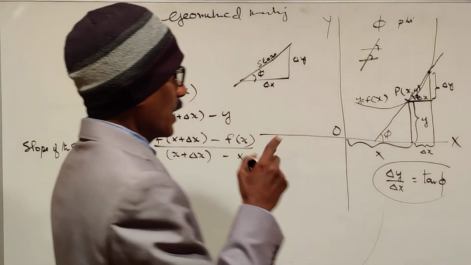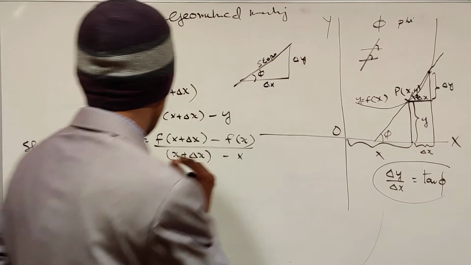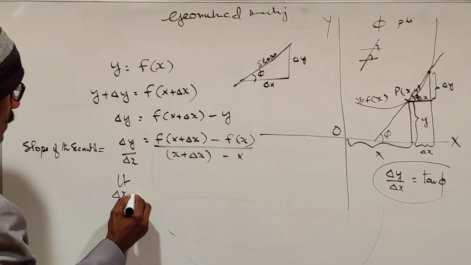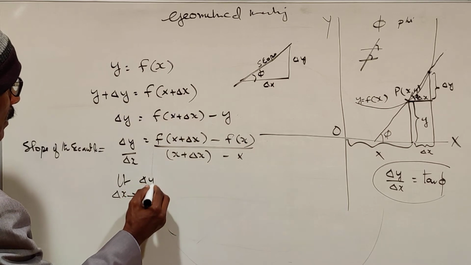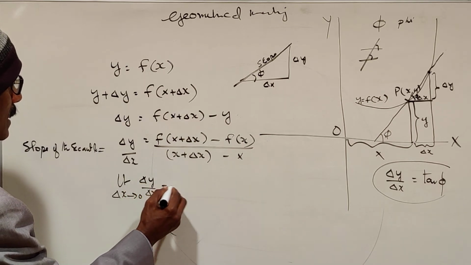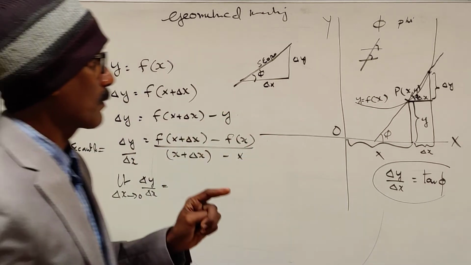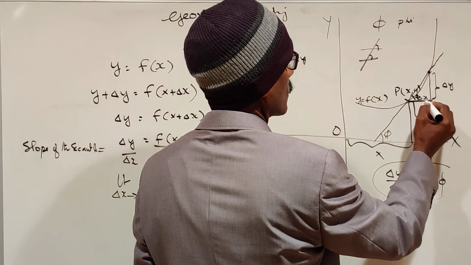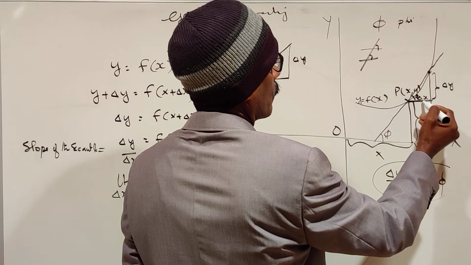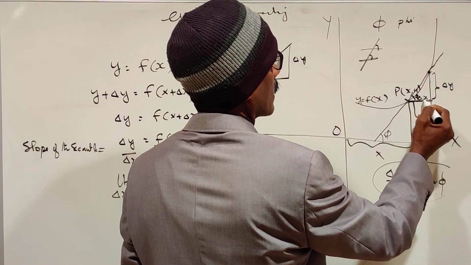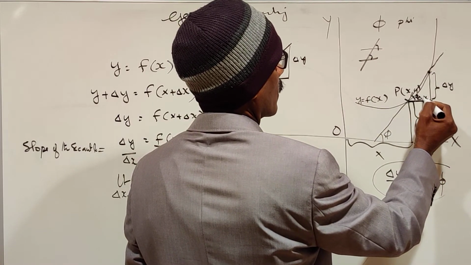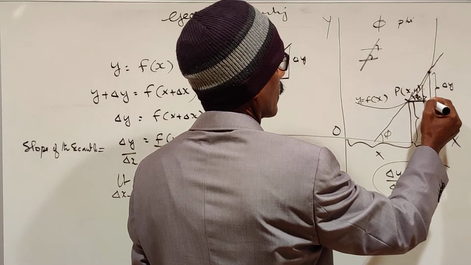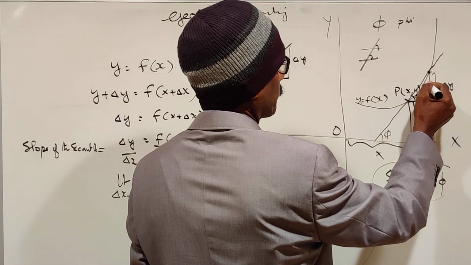Then what is the limit of delta y by delta x as delta x tends to 0? I'm going to explain. When delta x tends to 0, the length becomes this much, and delta y also decreases.